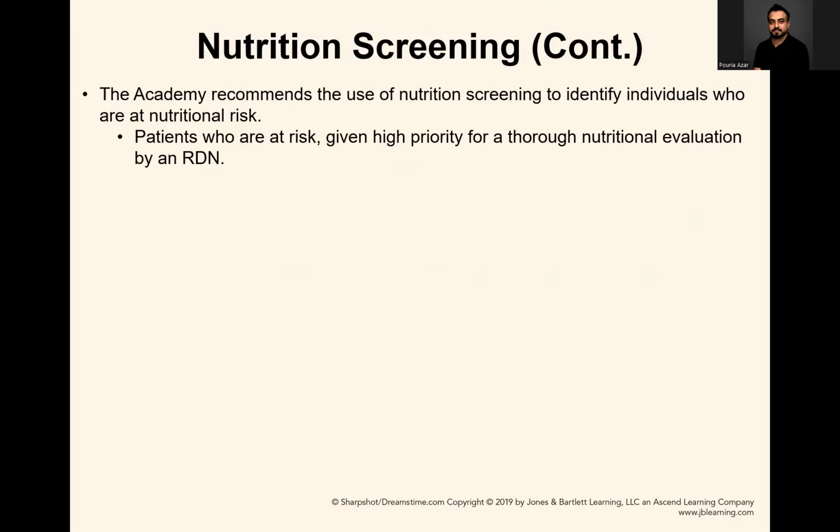According to the Academy of Nutrition and Dietetics, we need to use nutrition screening to identify individuals who are at nutritional risk. If we find a person, a client, or a patient who is at risk, we should give them high priority for a thorough nutritional evaluation, in other terms nutritional assessment, by a registered dietitian or registered dietitian nutritionist.